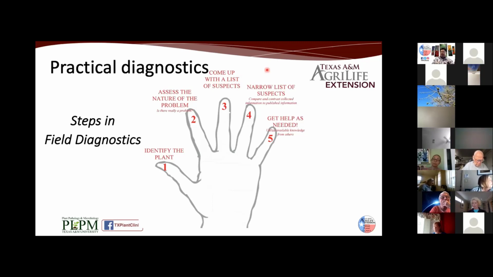But what happens here when you get to stage 4, when you narrow the list through that natural process of collecting information, coming up with the list of suspects, and subsequently eliminating suspects and narrowing it down to several, you can take those several suspects that were left on the table and look for information, research that has been done or what is known by others about those particular pathogens and the disease they cause.